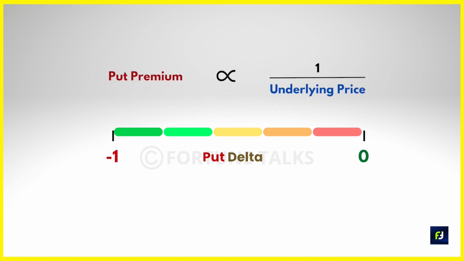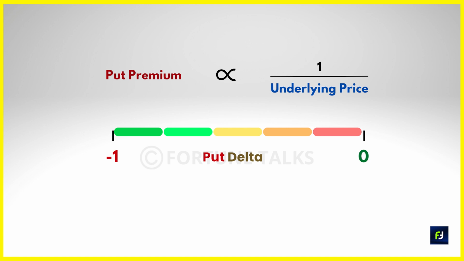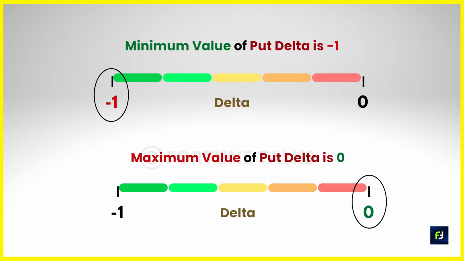It is simply because of the inversely proportional relation between the underlying and the put option. You can also gauge the reasons why delta of a put option strike cannot go above 0 and fall below minus 1. You can extend the case of the call options to understand why the maximum delta value of put is 0 and the minimum value is minus 1.